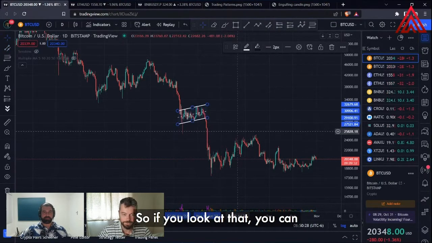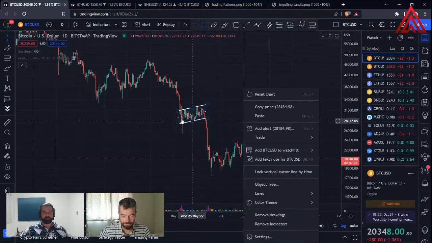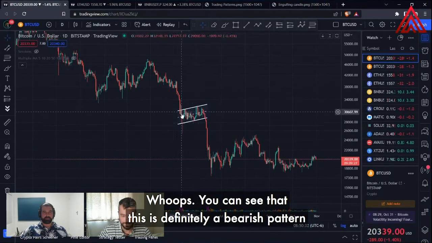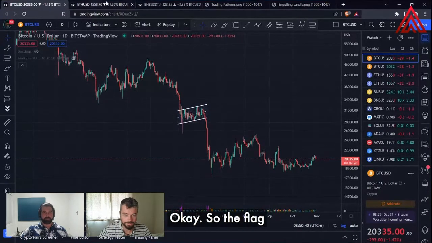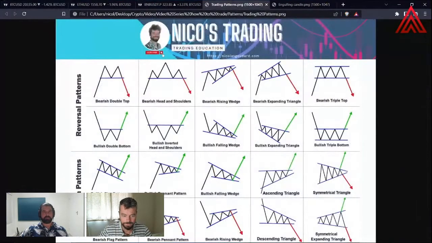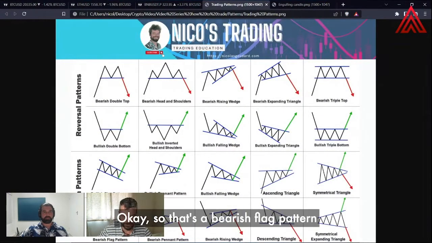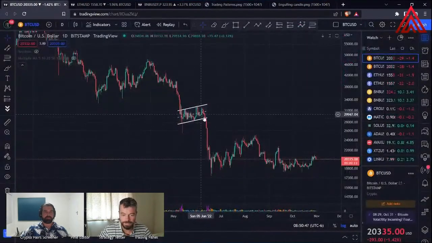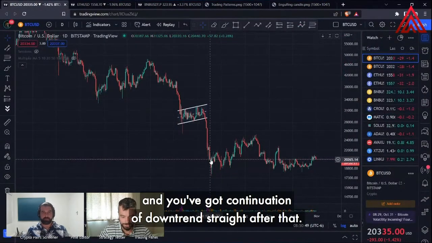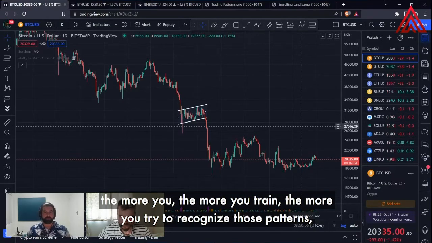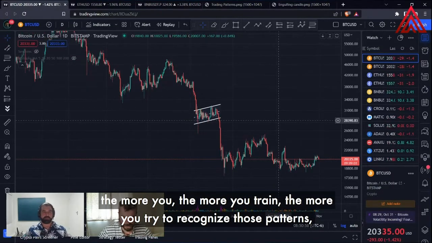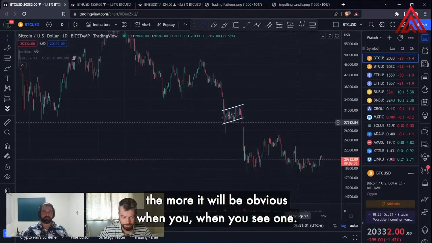If you look at that, you can see that this is definitely a bearish pattern because you have a downtrend, then you've got this flag here, like this one. So that's a bearish flag pattern, and you've got continuation of the downtrend straight after that. So this is how you recognize it. The more you train, the more you try to recognize those patterns, the more obvious it will be when you see one.